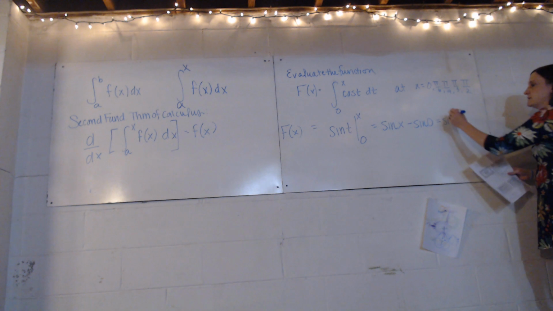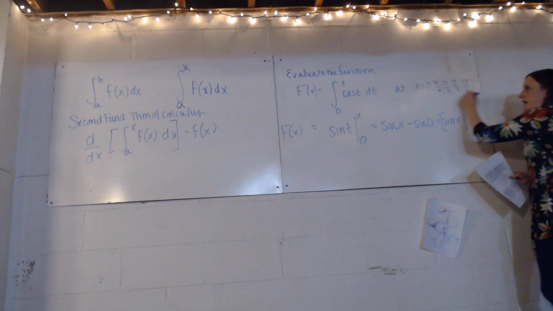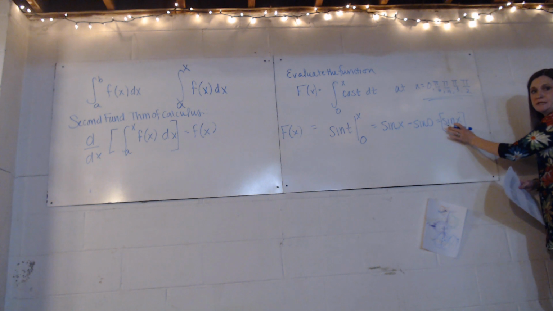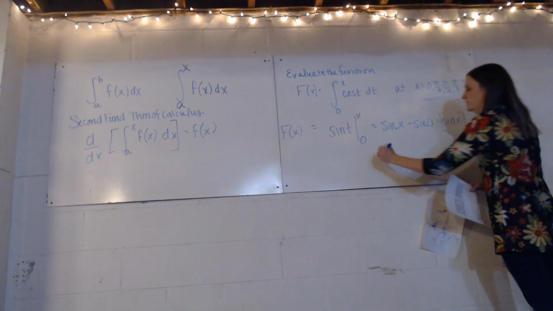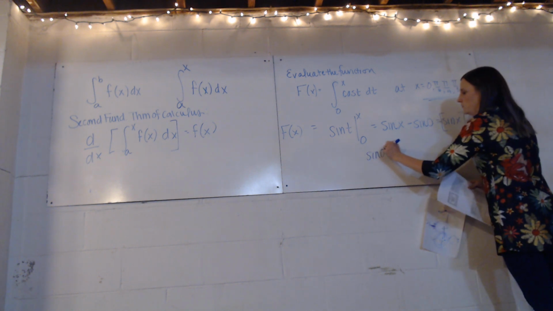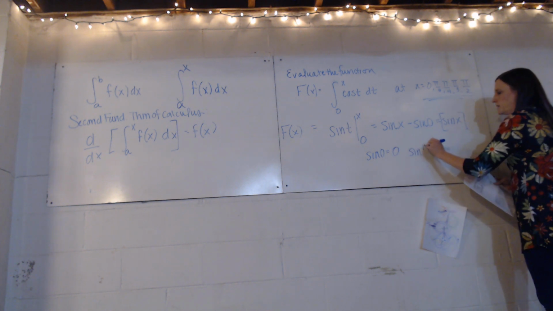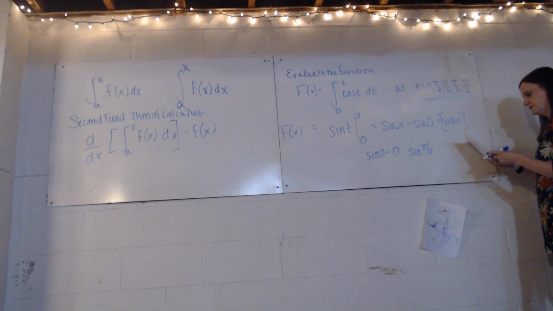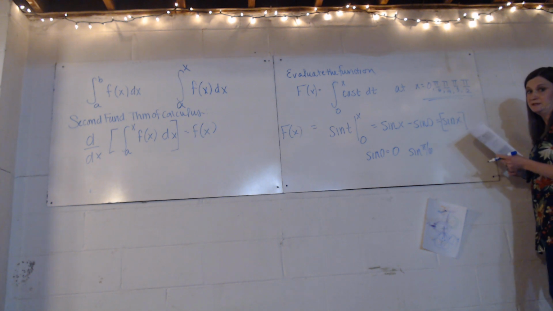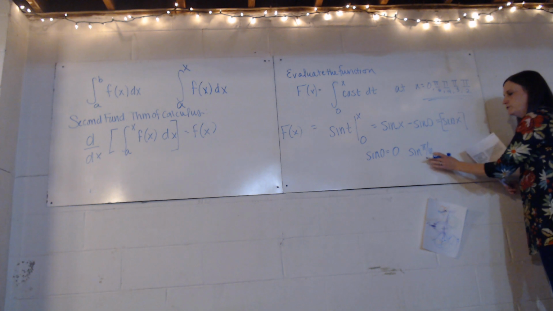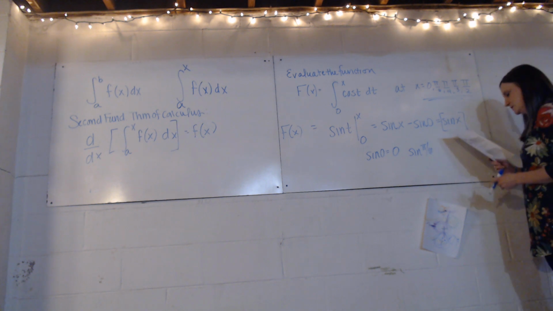Now, they asked me to evaluate that at these points, so all I do is plug these different points in for x. The sine of 0 is 0. Sine of pi over 6, I have to cheat, this is a shame. I need to review my radian form, I'm used to it in degrees.